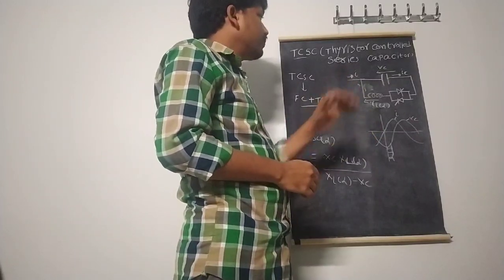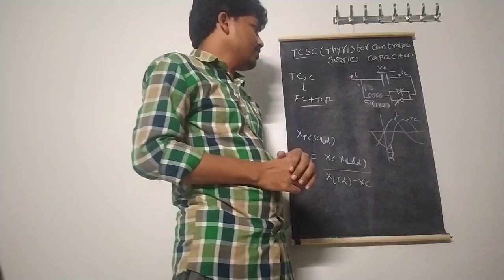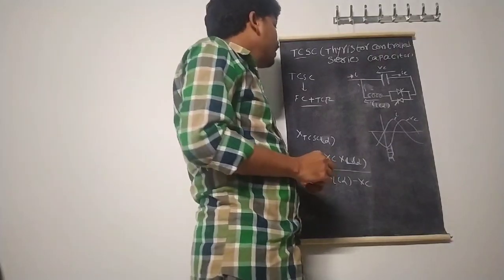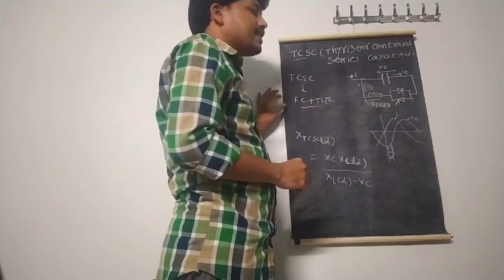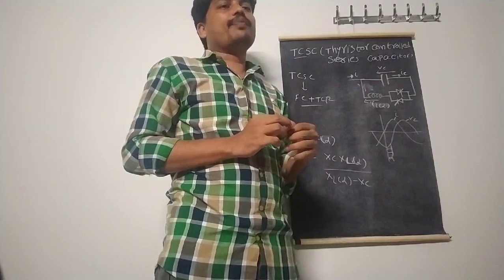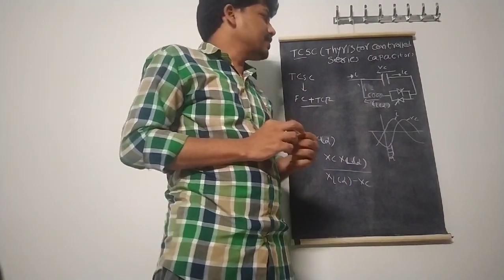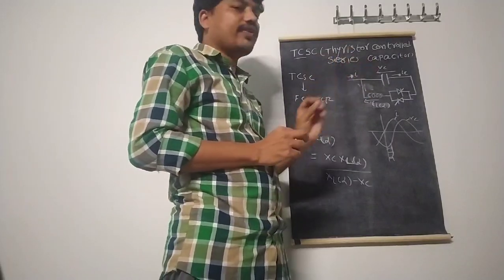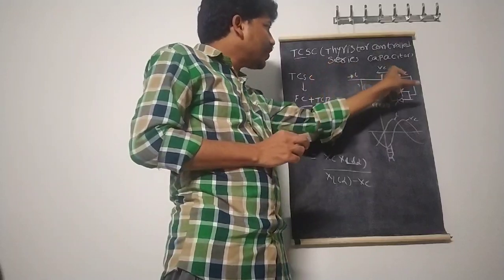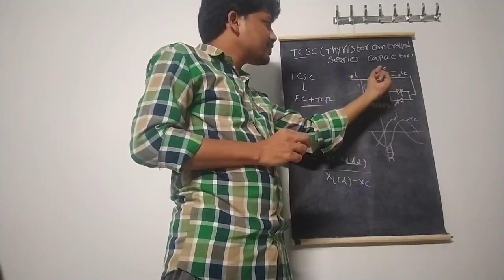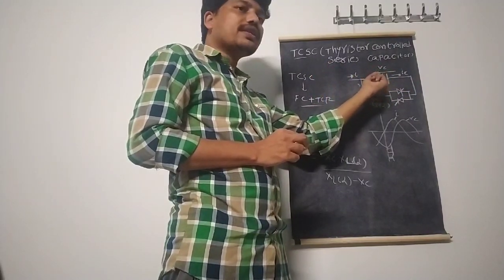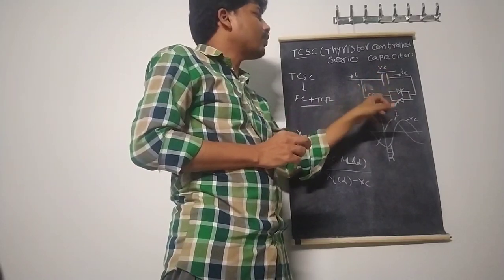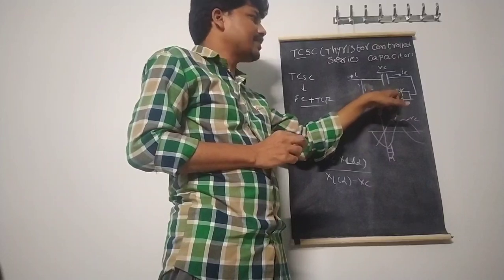So this is the main thing in the TCSC, the thyristor controlled series capacitor. It is a series controlled capacitive reactance. We can control this series capacitive reactance, the value of XC, with the help of these thyristor valves.